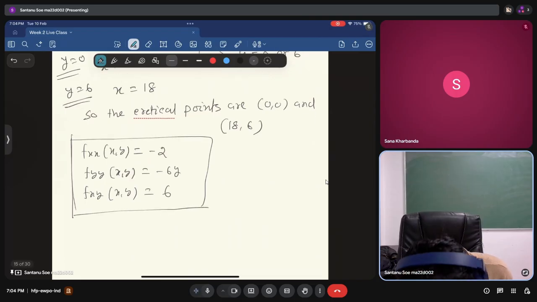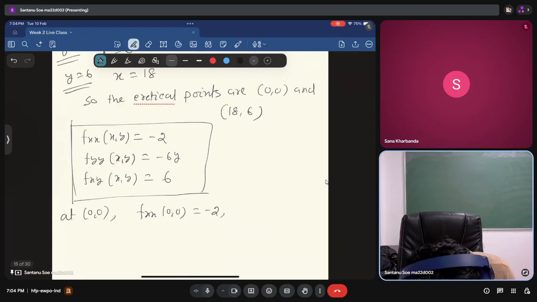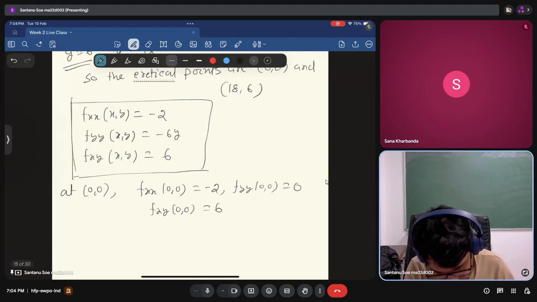Okay, so now at (0, 0), fxx at (0, 0) is minus 2, fyy at (0, 0) is 0, and fxy at (0, 0) is 6.